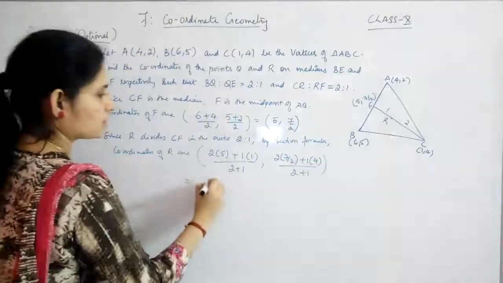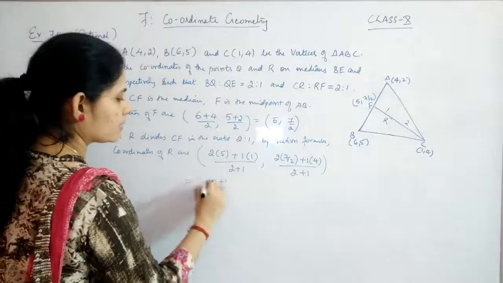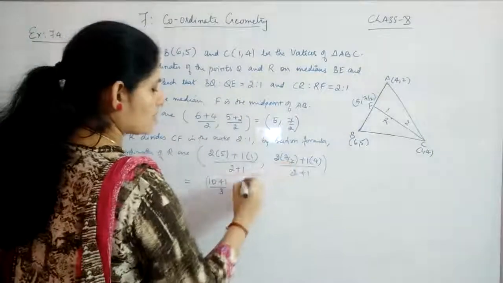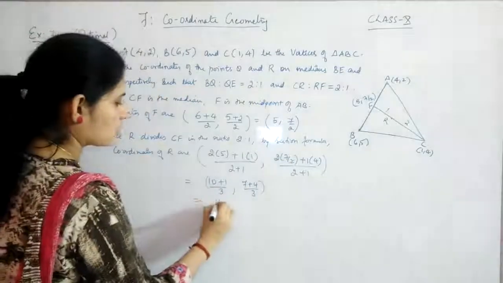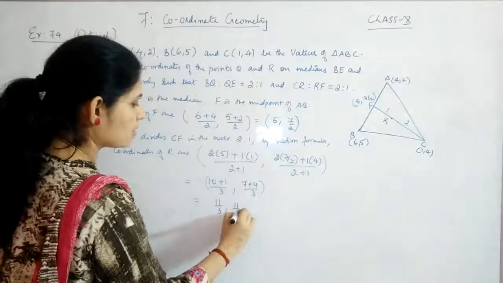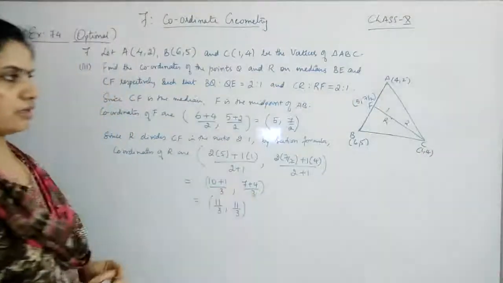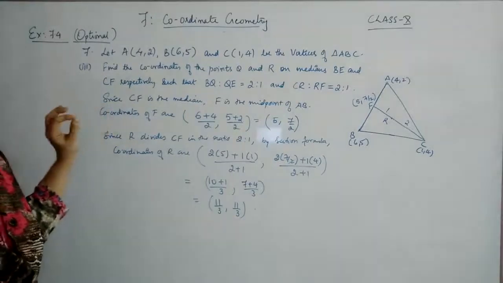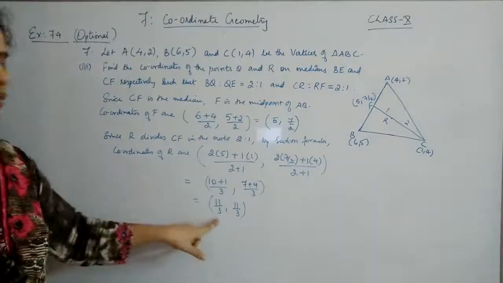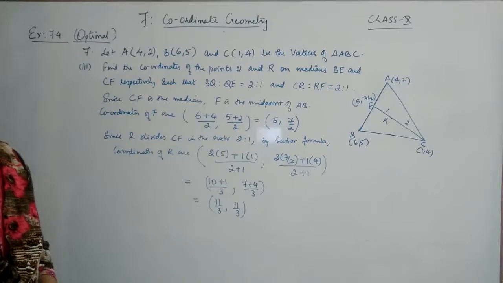That is, this is 10 plus 1 by 3, comma 7 plus 4 by 3, or it is again 11 by 3, comma 11 by 3. So all the three, that is PQR, all the 3 points PQR are having the same coordinate, which is 11 by 3, comma 11 by 3.